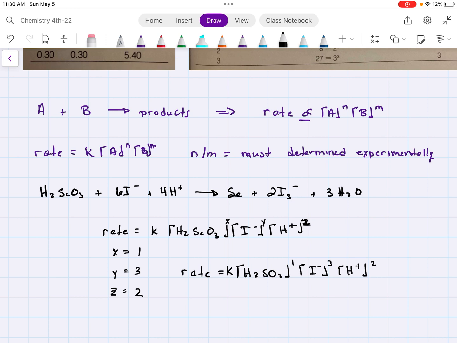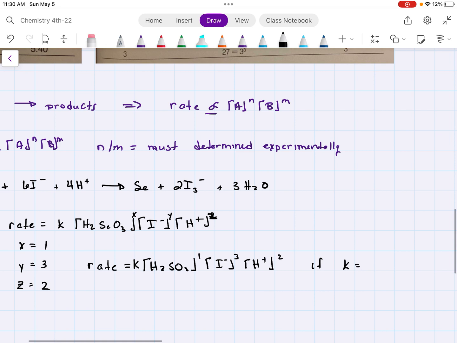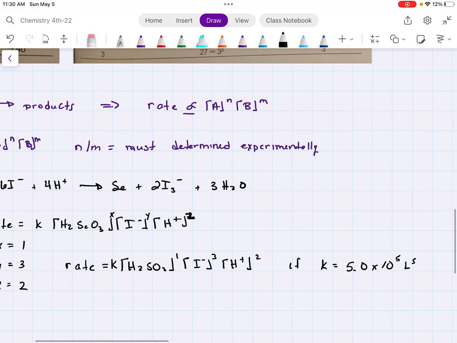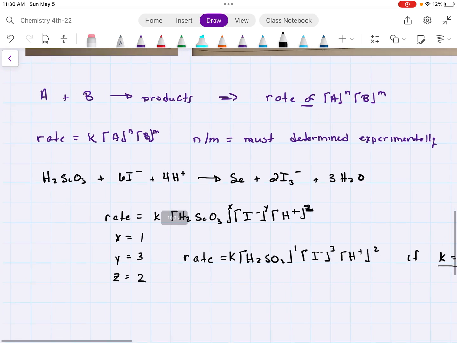With me so far? Now, if the value for K is equal to 5.0 times 10 to the 5, liters to the 5, moles to the negative 5, seconds to the negative 1, that's the rate constant for this reaction. Let's plug it in and see what we get.